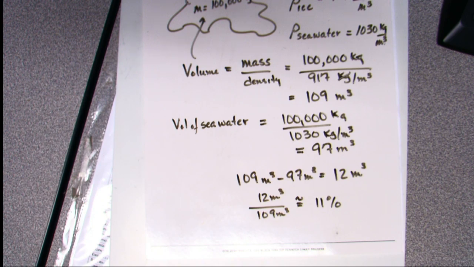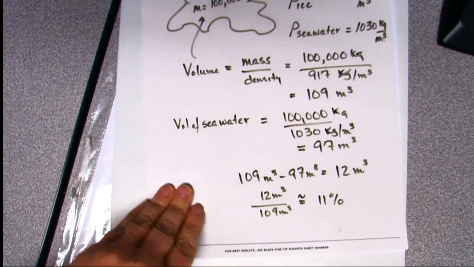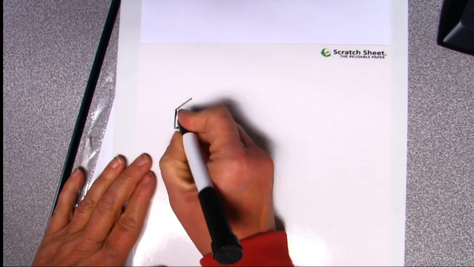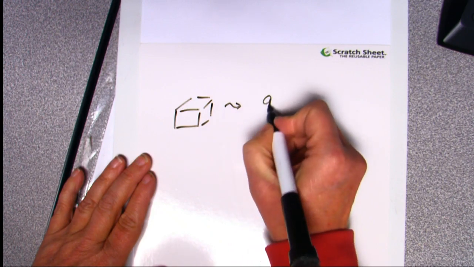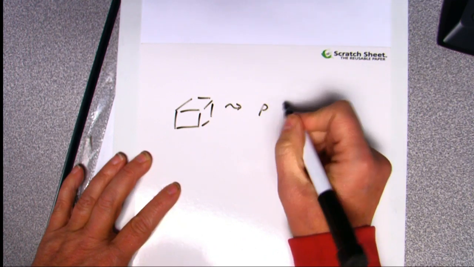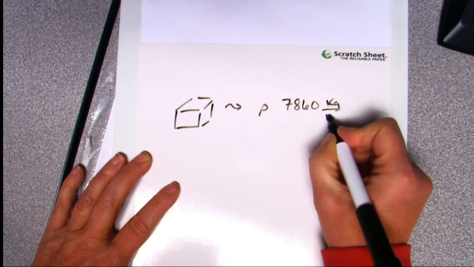If we go back and look at why the block sinks: if I have my block of iron, and it has a density of 7,860 kilograms per meter cubed.